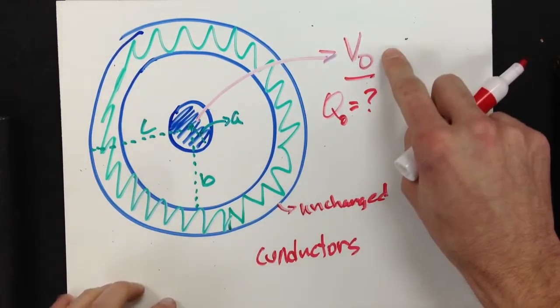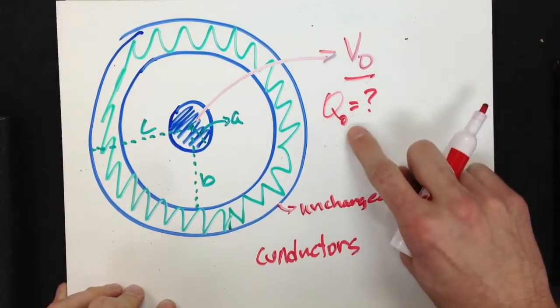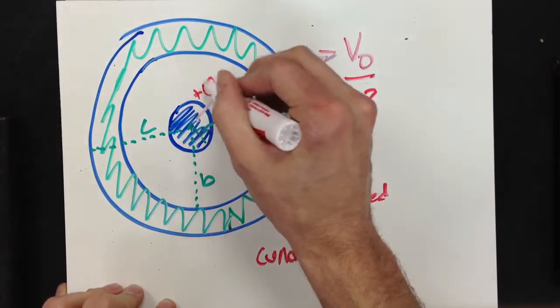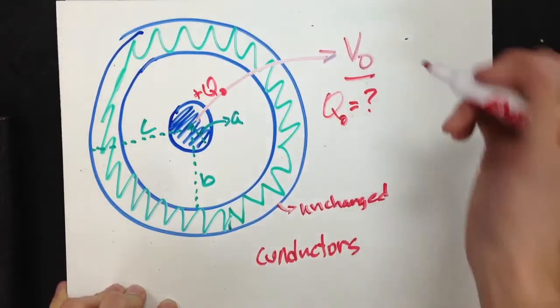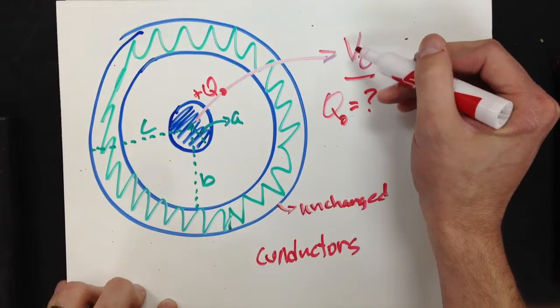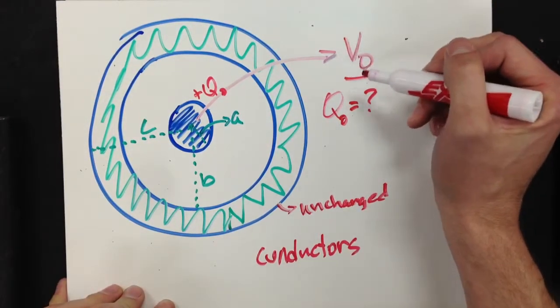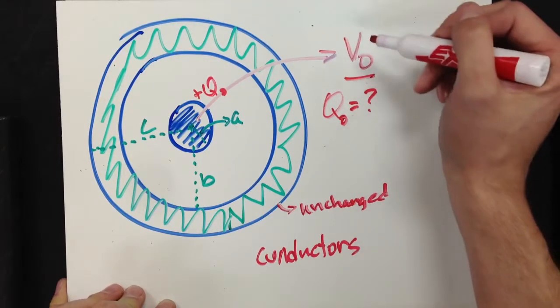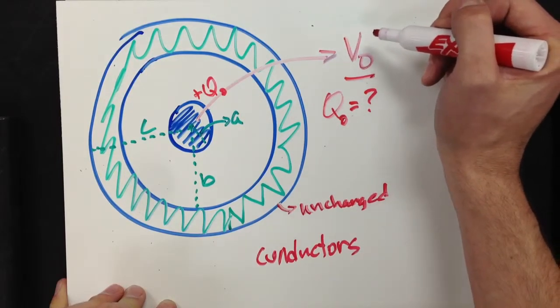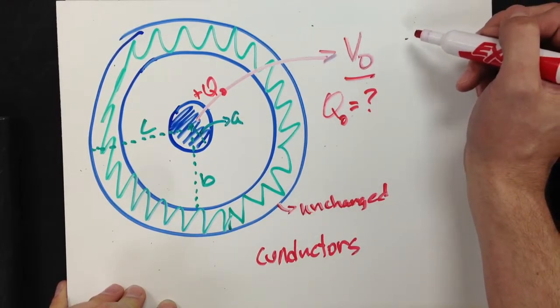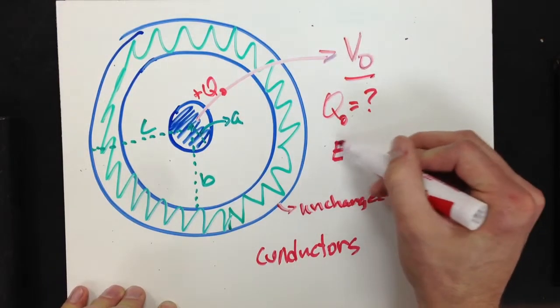Okay, so to figure out what this Q naught is, this charge on the outer surface, we've got to think about how electric potential relates to electric field.